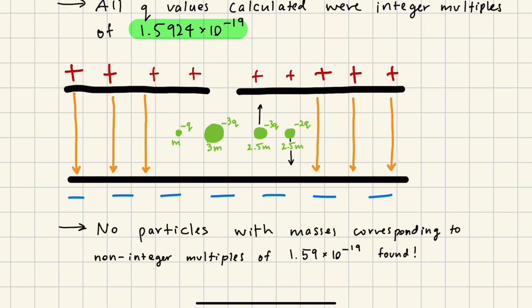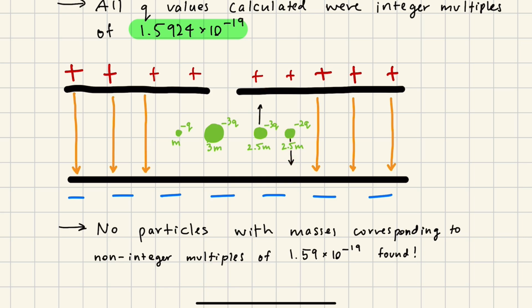And Millikan observed particles that were just like both of these, suspended in midair. However, he was never able to observe a particle with a mass of 2.5 m, for example, or really any other fractional multiple of m that was suspended in midair. Those particles all went either up or down.